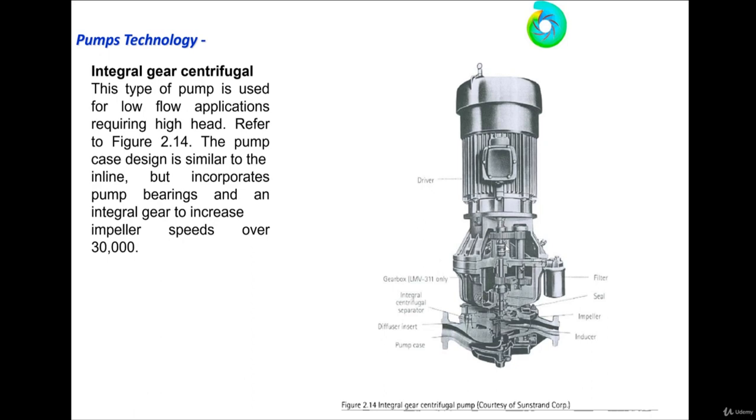So how is it operated? The motor delivers the motion to the gear. The gear delivers the high speed, from 3,000 or 1,500 RPM to 10,000, 30,000 RPM, to the impeller. So the impeller rotates at these high velocities. You use it when you specify your application and process, and the system needs a pump with a flow rate in units of cubic meters per hour.